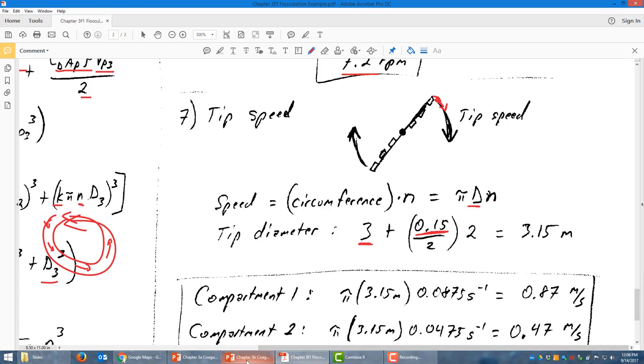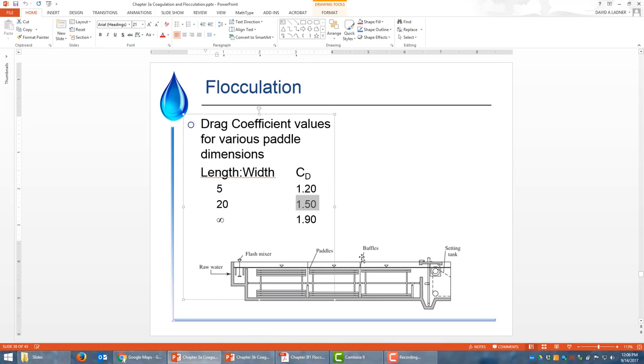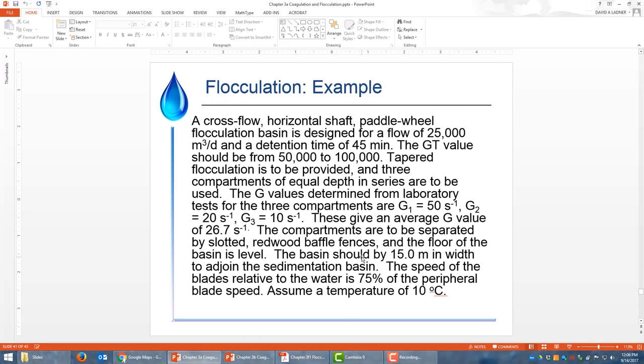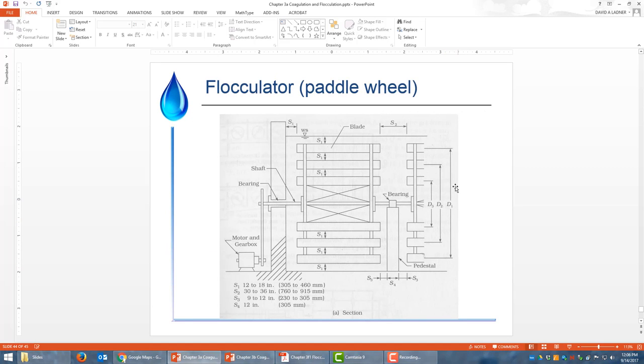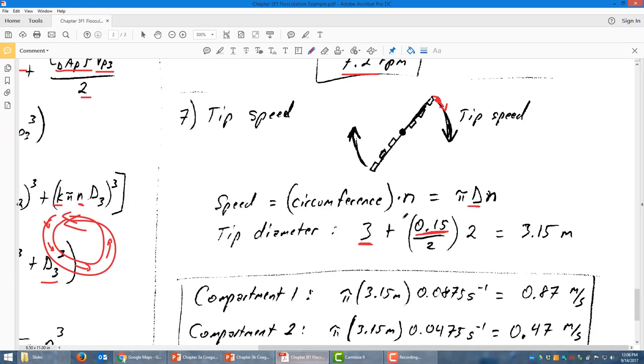and I guess we should specify here that the diameter of the outside paddle, we were really talking about the diameter at the midpoint of the paddle. So the tip is a little further out. It's half of 0.15 away.